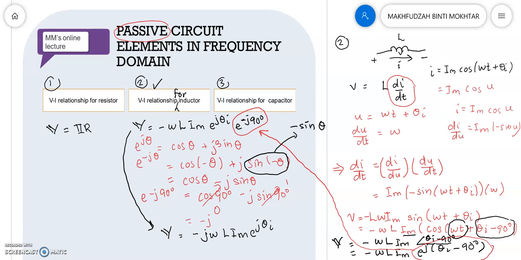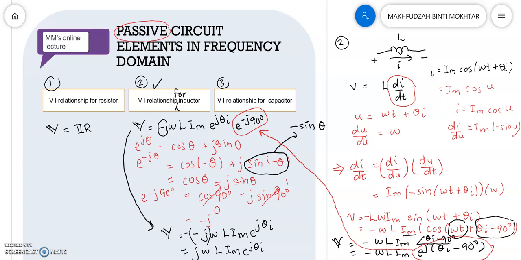And if you look at the negative sign, it is negative multiplied with negative j. So in that case, we have j omega L Im exponent j theta I.